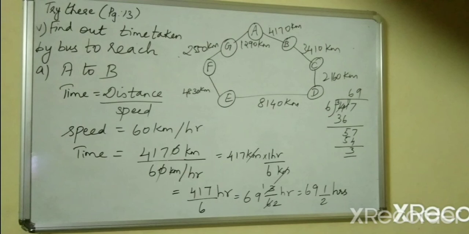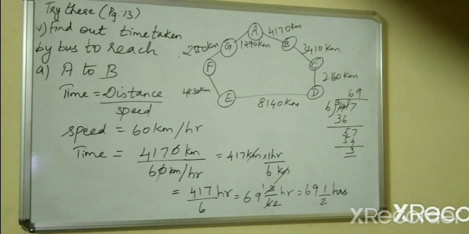Here kilometer and kilometer we can cancel. 10 also we can cancel. So it is 417 into this hour. When it goes to the numerator it becomes 417 into 1 hour. Per hour means it is 1 hour. So here kilometer and kilometer we are cancelling. So it is 417 by 6 hour.